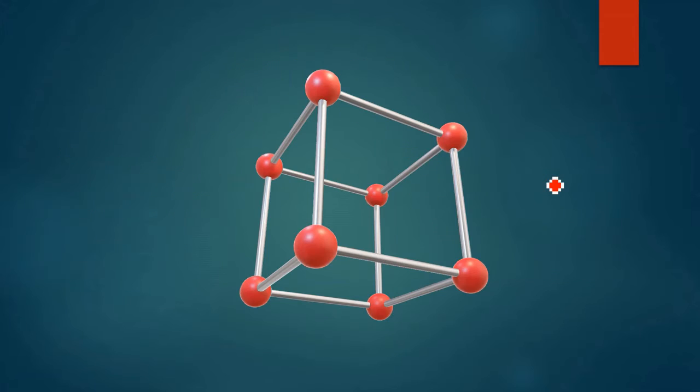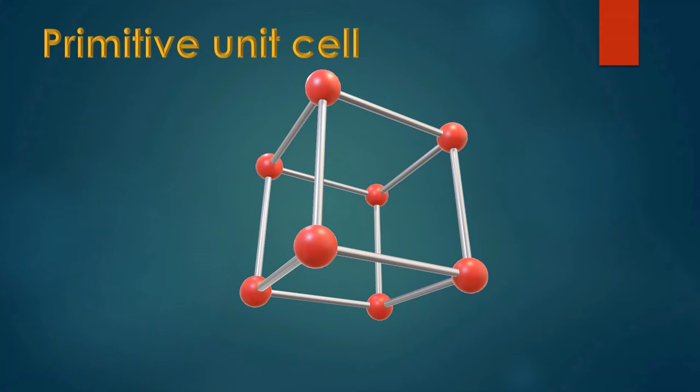Okay? So let's have a look at a primitive or a simple unit cell. So this is a cubic structure, and these all are vertices, right? And the vertices are occupied by the constituent particle. Remember, only vertices will be occupied in a primitive unit cell or simple unit cell.